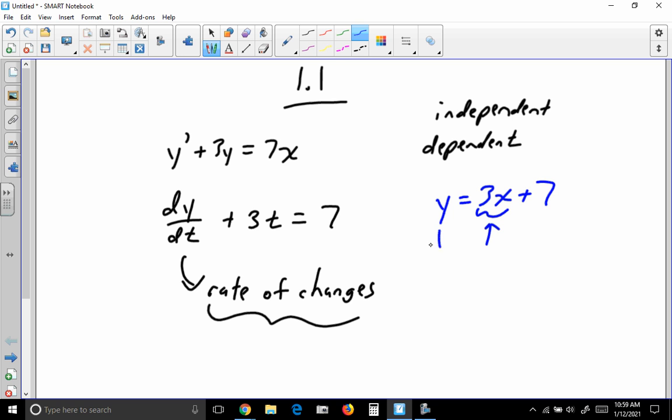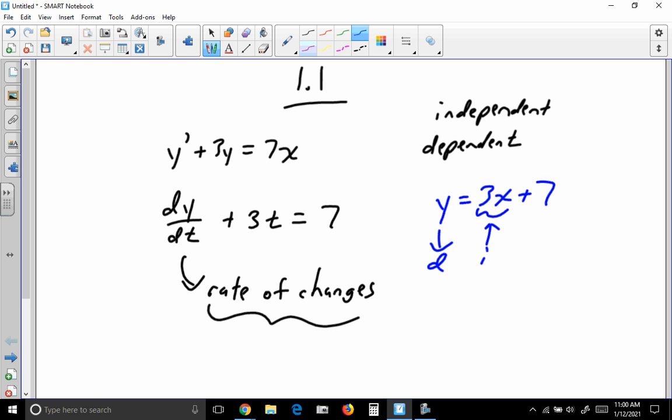Our output variable is our dependent variable. If we were to make a table of this equation, we would randomly pick a number for x independent of what the other one is, and then depending on what we put in for x, that would give us a certain y. So the value of y depends on what we put in for x. So this is the independent and this is dependent.